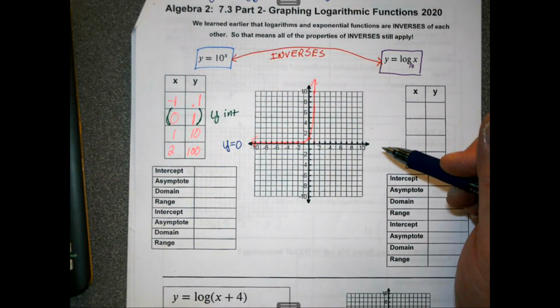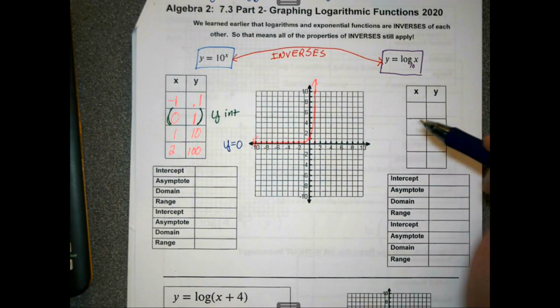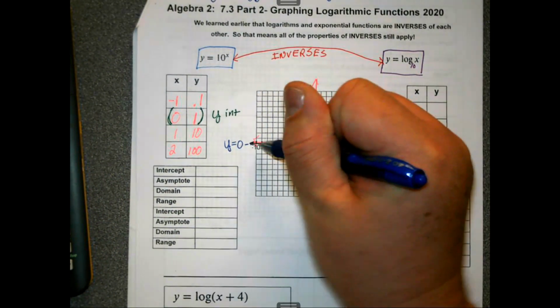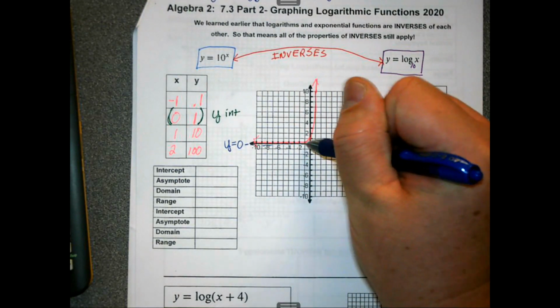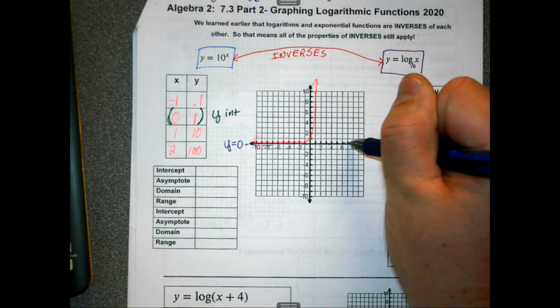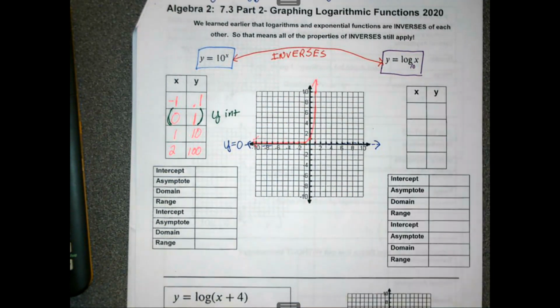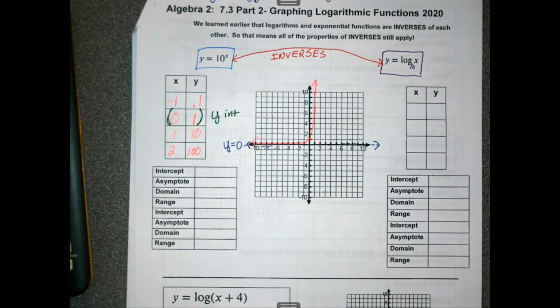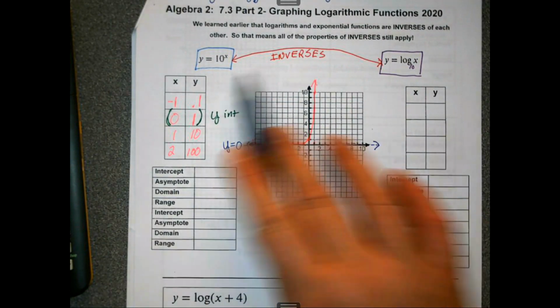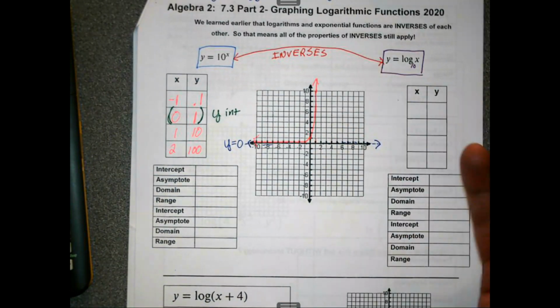So it's acting as a horizontal asymptote. Remember when we did growth and decay? We had horizontal asymptotes, right? So there's my graph. Obviously, since they're inverses, we're going to have a vertical asymptote, right?